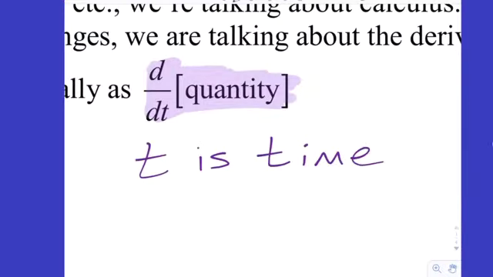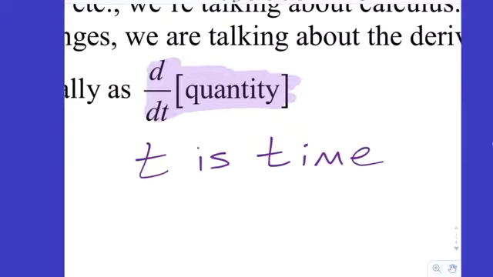The ultimate independent variable is time. Okay, so time is always going to be our independent variable. The thing, though, is we're not going to have the variable t in any of our equations usually. Most of the time we don't. So we're going to be taking the derivative how? Implicitly, right? We're going to be taking the derivative implicitly.